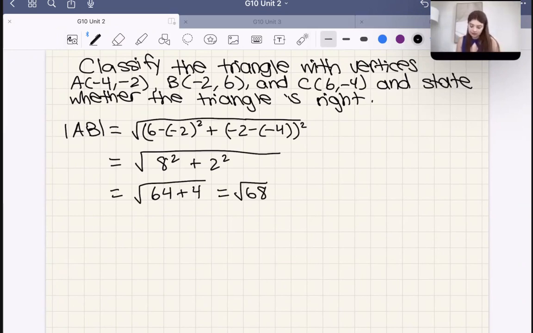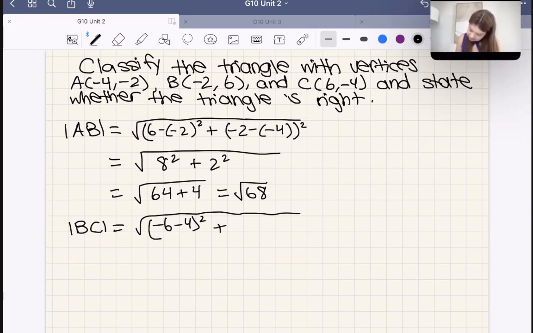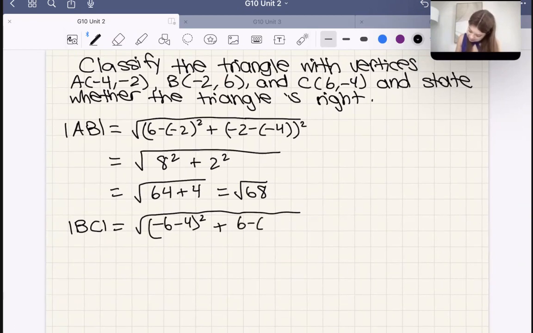Let's see what the length of BC is now. Length of BC is equal to, let's see, delta y squared. So delta y is -6 minus 4 squared plus, let's see, delta x, 6 minus -2 squared.